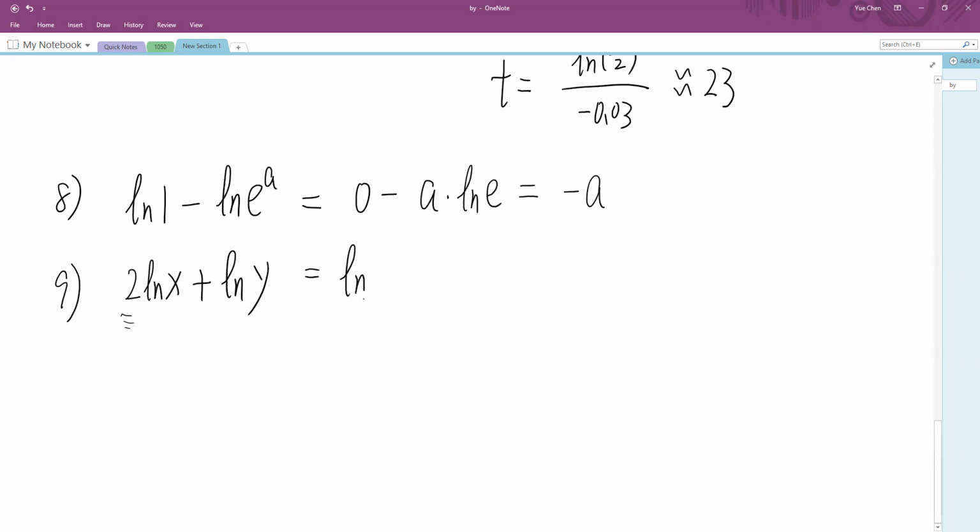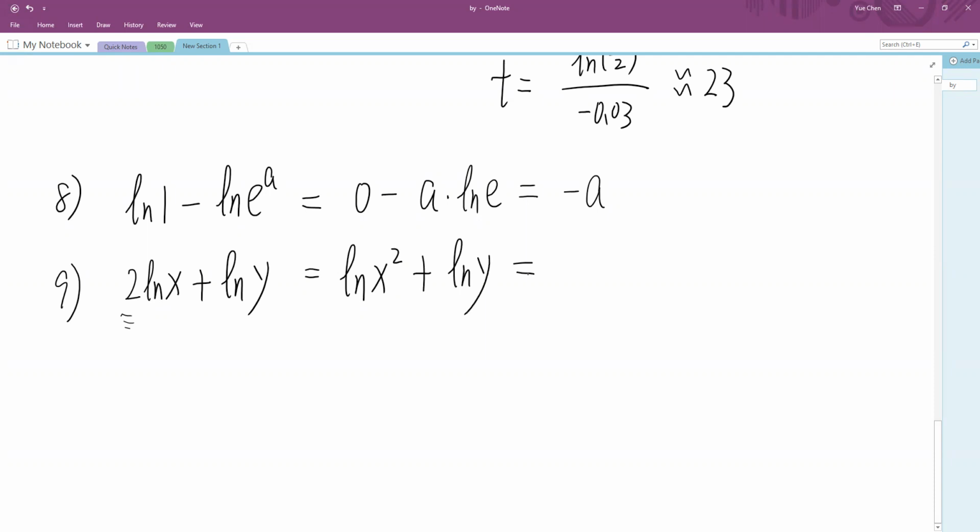So we bring it inside, it would be x squared. Do you remember? If we have the natural log, you can take the power in front. So backward, we can take this number inside, but it will go to the power. Then plus ln y.